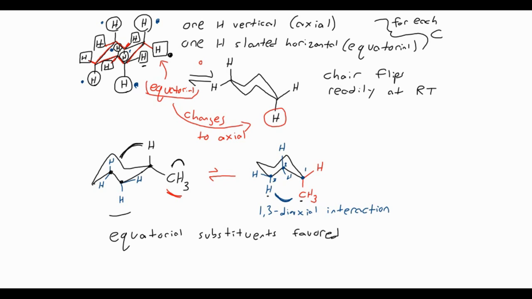And in this case with methylcyclohexane, it's going to be about 95% of the equatorial and about 5% of the axial methyl group. So even just the addition of one methyl group will change that orientation from 50% of each to about a 95% ratio.